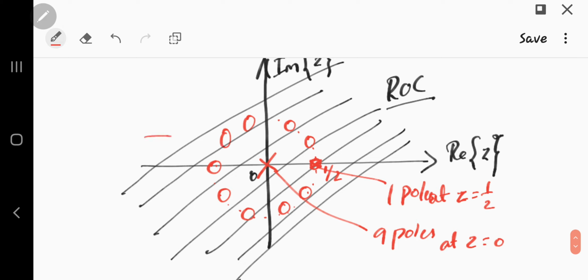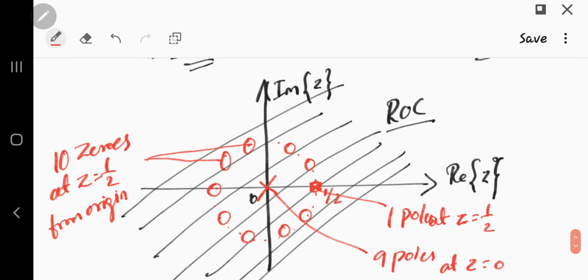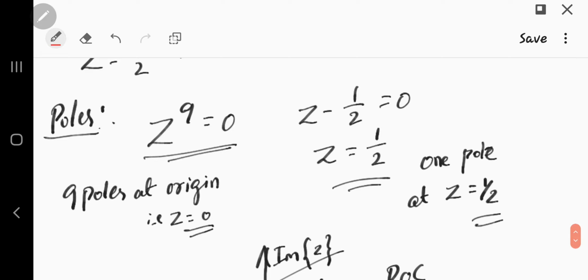And these are 10 zeros at z is equal to 1 by 2 from the origin. So this is how we locate poles and zeros for this.